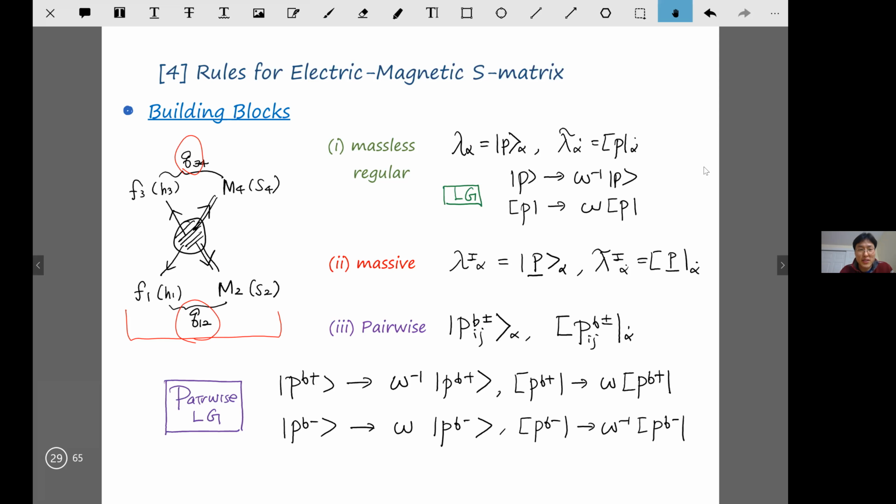What are the building blocks for my electromagnetic amplitudes? First of all, for each massless particle, for example fermions, there are corresponding lambda and lambda tilde, the regular spinor helicity variables. The angular bracket has a negative half helicity and the square bracket has a positive helicity. I'm just reviewing that.